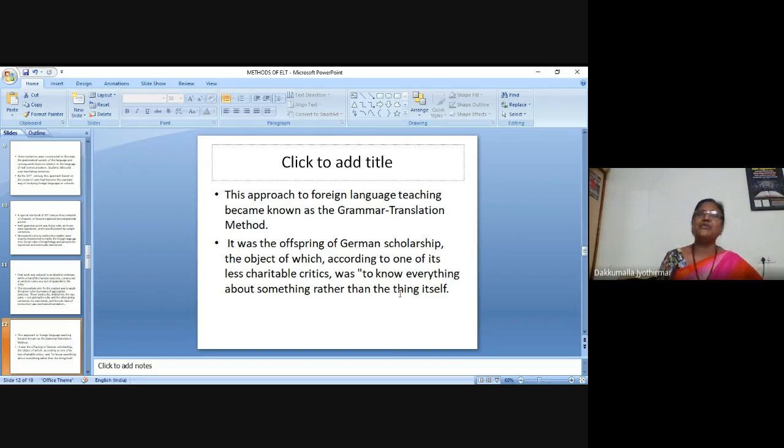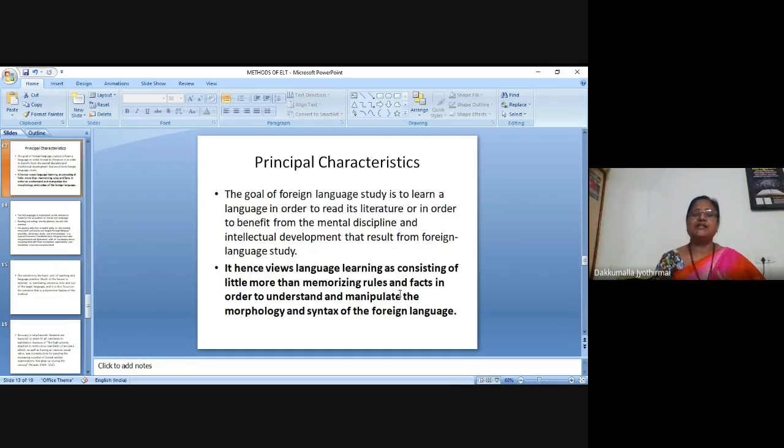It is to know English grammar rules. If someone is taught the language in this method, you will know all the rules, but you may not be able to communicate effectively, proficiently or fluently in the language.